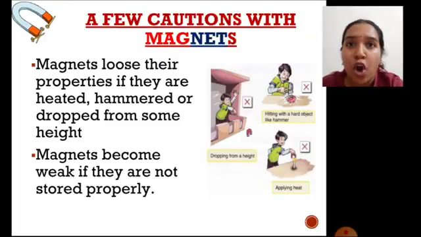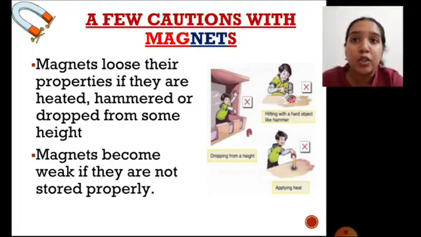Magnets are strong iron objects which have the property to attract other metal or iron substances, but they will lose their magnetic property when they are mishandled. Like, magnets should not be heated. Heating leads to demagnetization of a magnet.